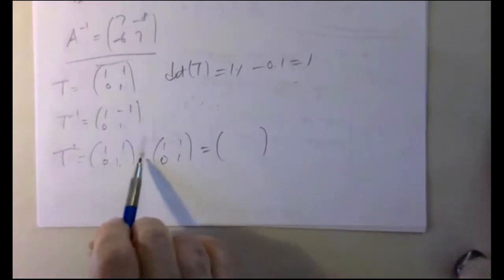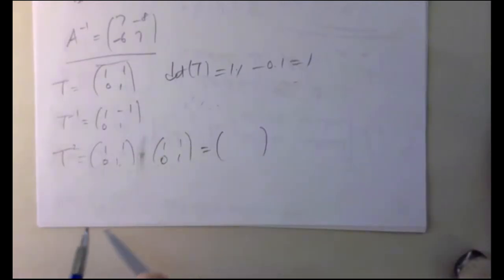What is the product of those two matrices? I think it will be the same matrix, 1, 1, 0, 1.